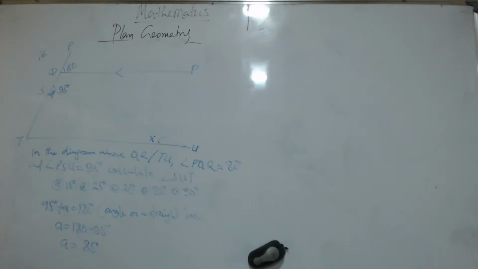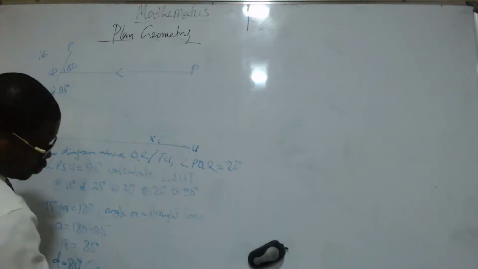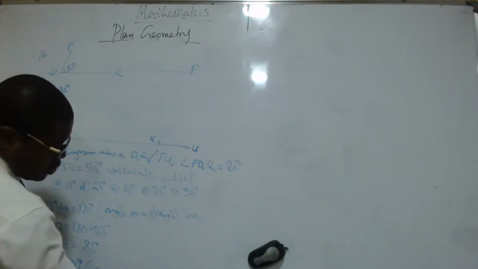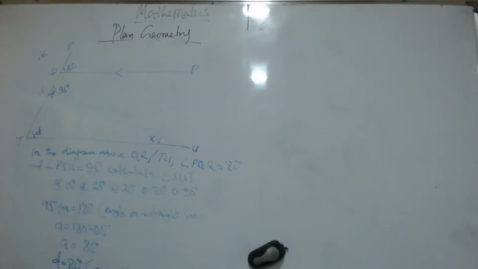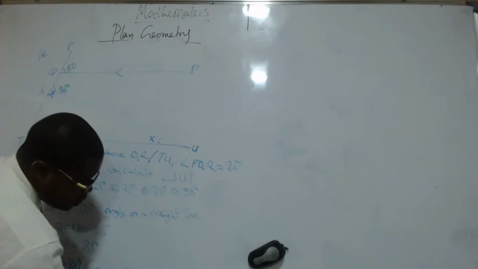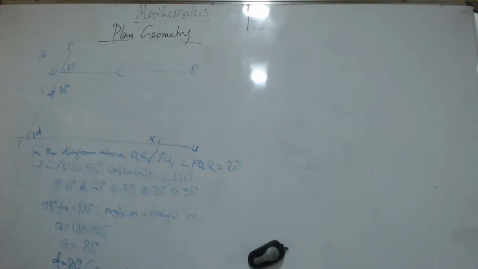Now how do we get that? Now the question says, what do we do? This angle here, name it D. So our D is equal to 80 degrees. If that's the case, we have A in a triangle.